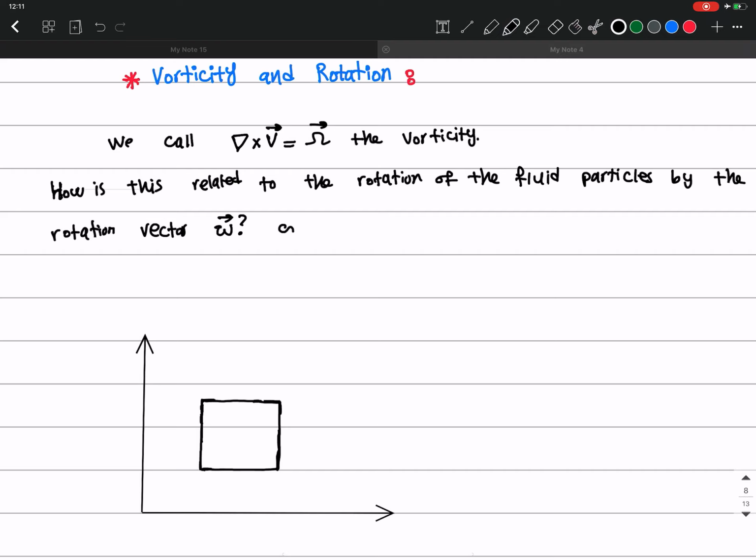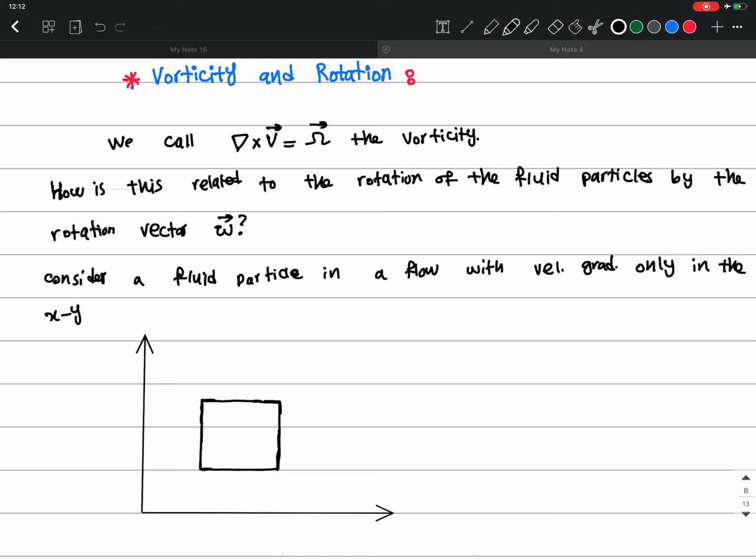So in order to answer this, consider a fluid particle in a flow with velocity gradient only in the XY plane.